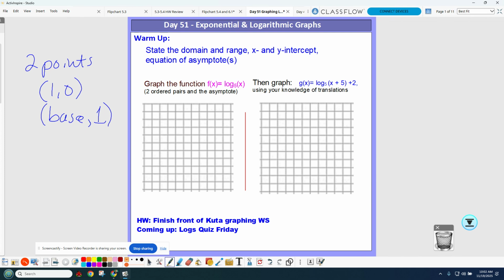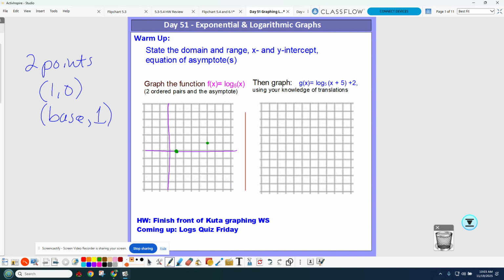So this is my parent function. I'm going to put in my axes, and I'm going to plot the 2 coordinates he just said. From my origin, my real origin, I'm going to go over to 1, 0, and base, comma 1. So 1, 2, 3, 4, 5, up 1. And I forgot to check. Dylan, where is my vertical asymptote?